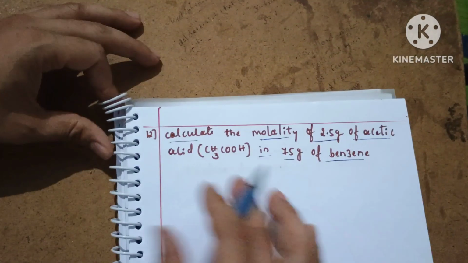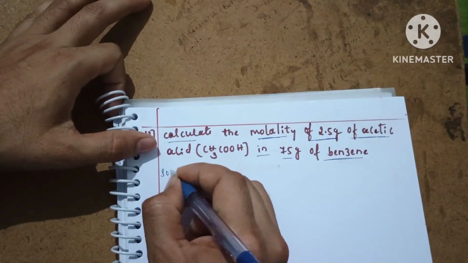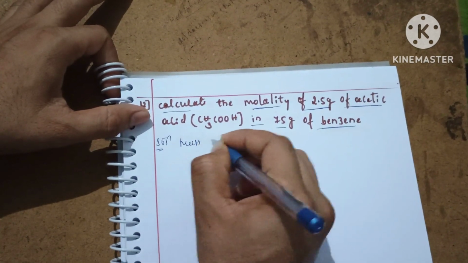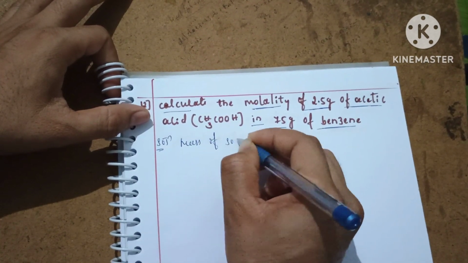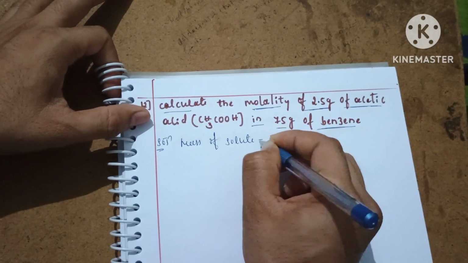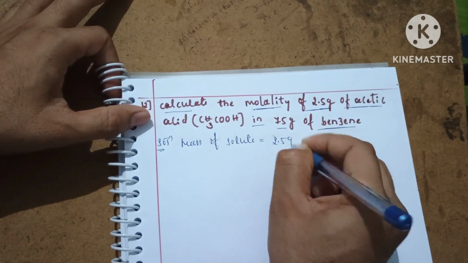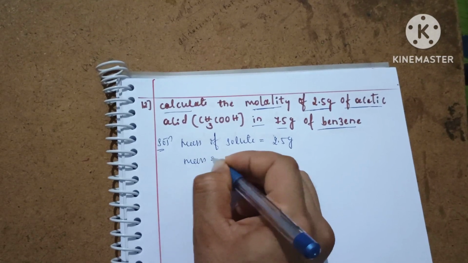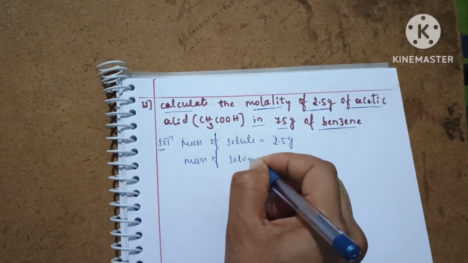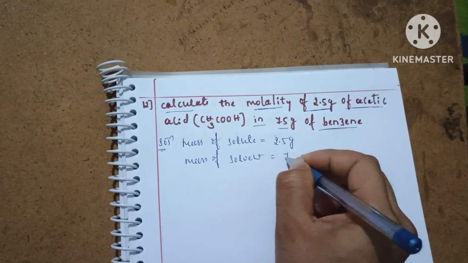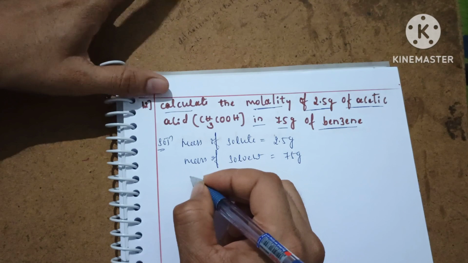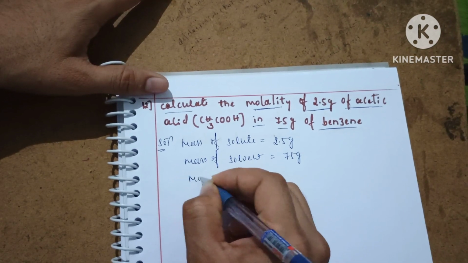First, again I will write the data: mass of solute is equal to 2.5 gram, and mass of solvent is equal to 75 gram.